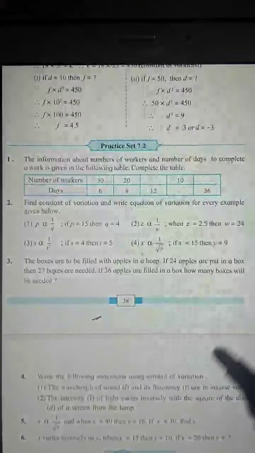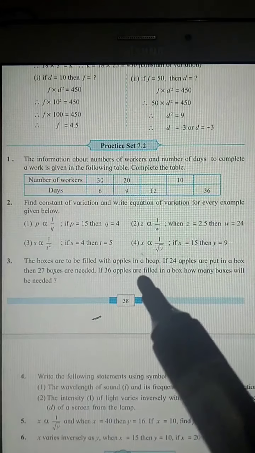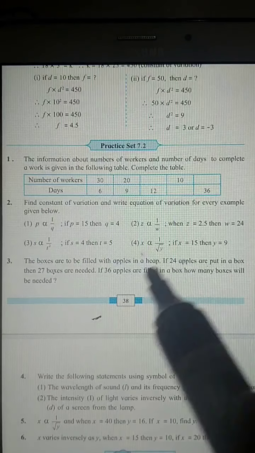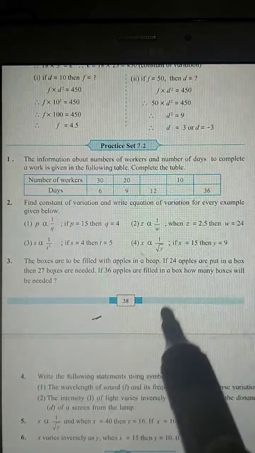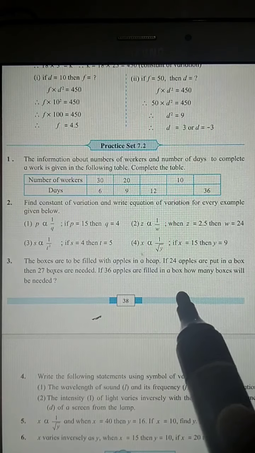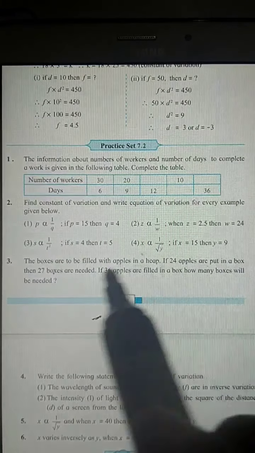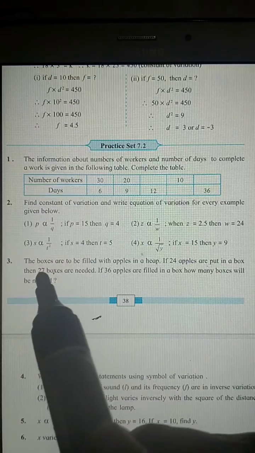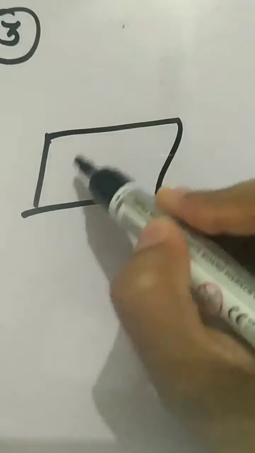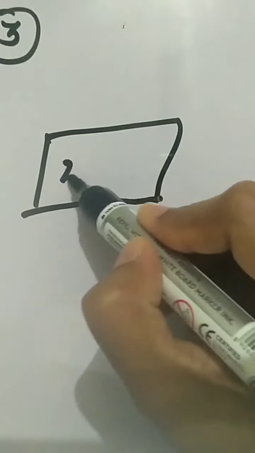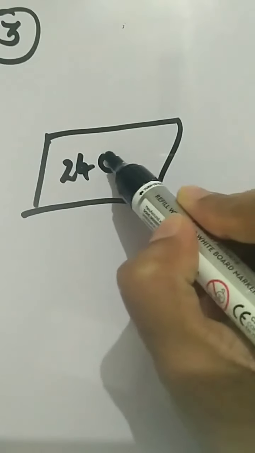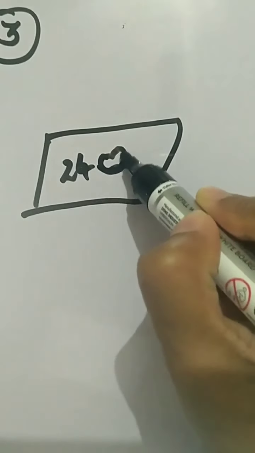In the first type of box there can be 24 apples accommodated. Means in one box you can put 24 apples. So like that, how many boxes are required? 27.